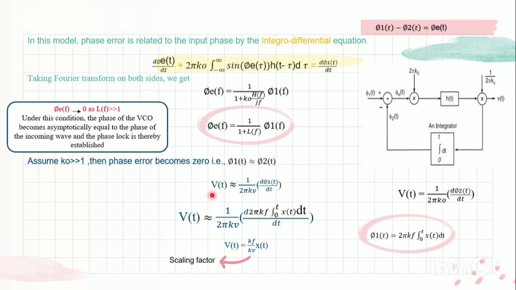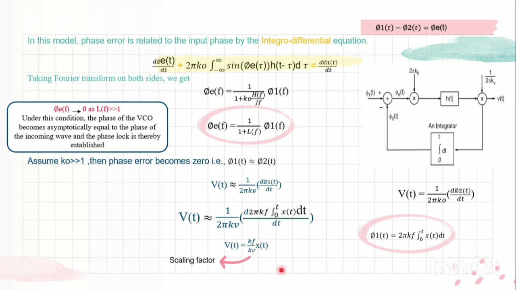So now taking our v(t), which is approximately equal to 1/(2πkᵥ) × dφ₁(t)/dt. As we have defined φ₁(t) as 2πk_f ∫ from 0 to t of x(t) dt, substituting in this equation, after differentiation we get (k_f/kᵥ) x(t), where k_f/kᵥ is nothing but our scaling factor and x(t) is our message signal.